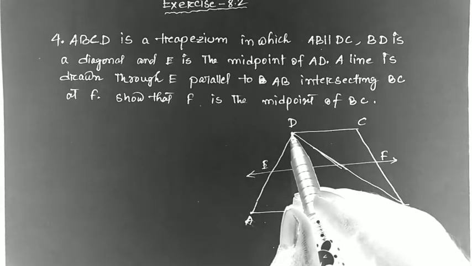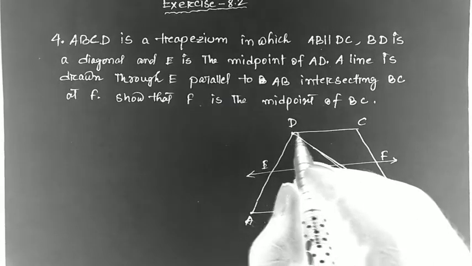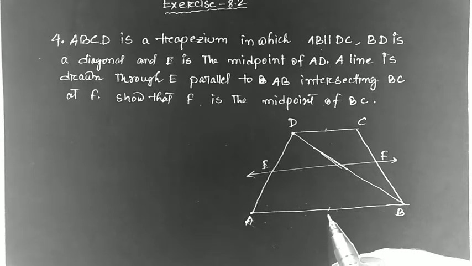We are given ABCD is a trapezium in which this side AB and this side DC, these two sides are parallel. It is given in the question.